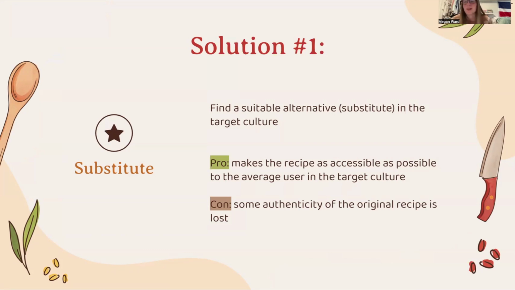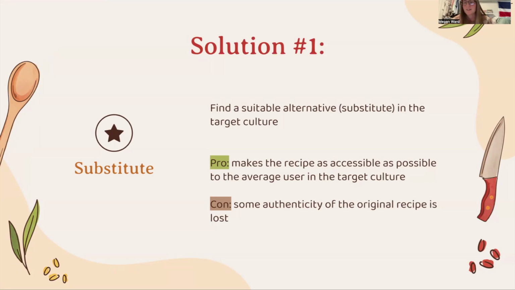One solution that translators use is to find a suitable alternative in the target culture. For example, I mentioned that instead of using Dominican salami, my roommate and I used breakfast sausage, which was readily available to us when we made tres golpes. And the pro to substituting ingredients is that it makes the recipe as accessible as possible for the average user in the target culture. So just a normal person who's cooking for their family, they'll be able to find that ingredient at their local grocery store.